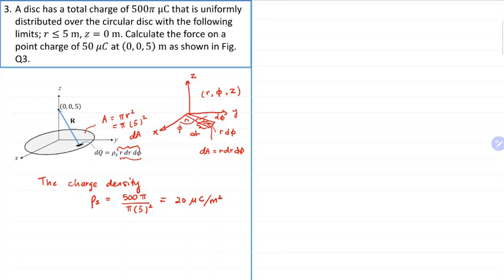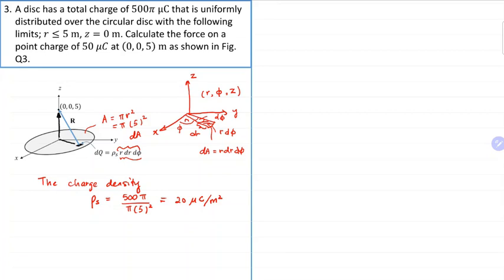Next, we can define the vector r. So this vector here is from the position vector of 0, 0, 5 to this point on our small disk here.